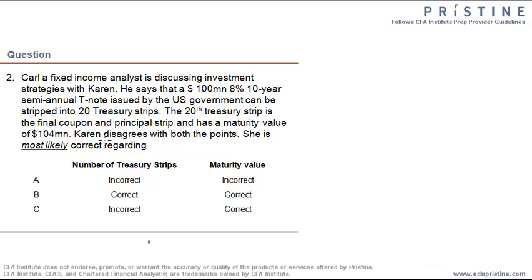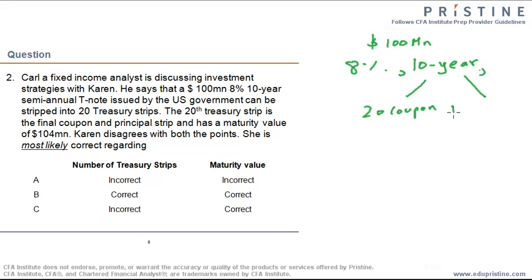She is most likely correct regarding what? So first let's see how many strips would this bond have. It's an 8% 10-year bond with a face value of $100 million. Treasury notes have semi-annual payments. So as a result, there would be 20 coupon payments and there would be one principal payment.